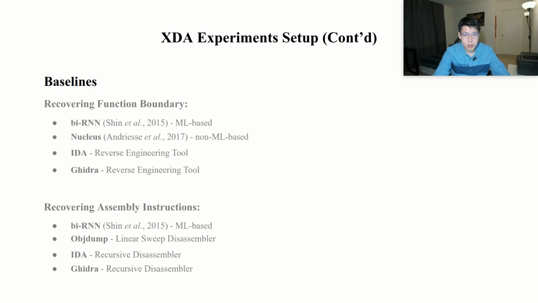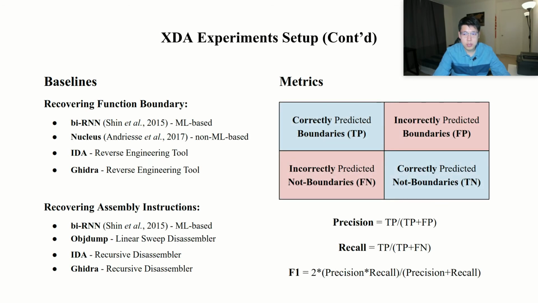We compare XDA to 5 representative baselines and use precision, recall, and F1 score to evaluate the prediction performance. These metrics make more sense than accuracy, as the label distribution of both tasks is highly unbalanced. The number of boundaries is much smaller than that of non-boundaries.